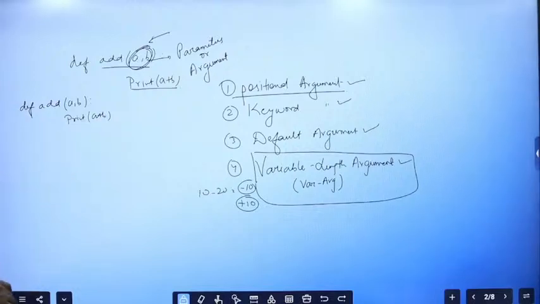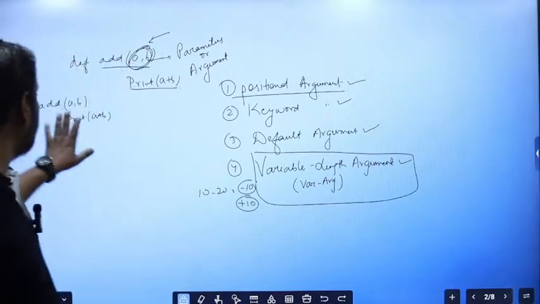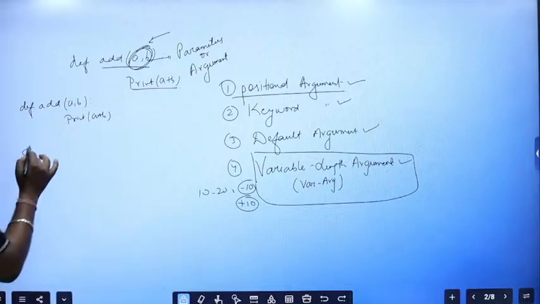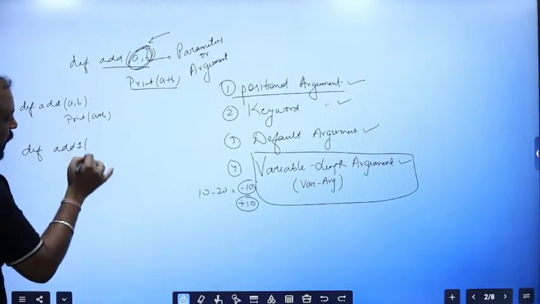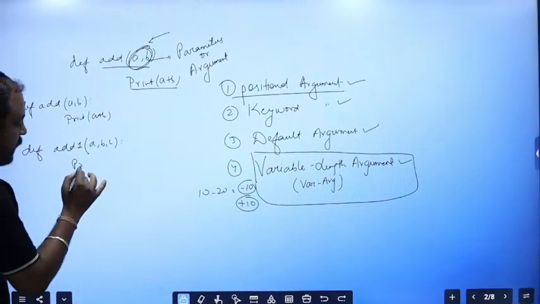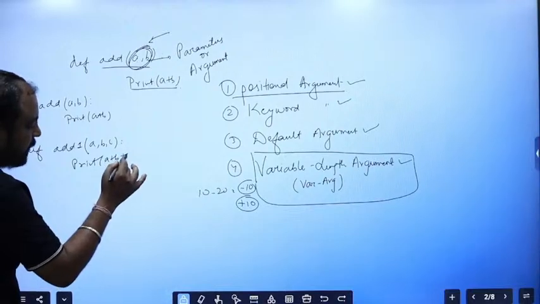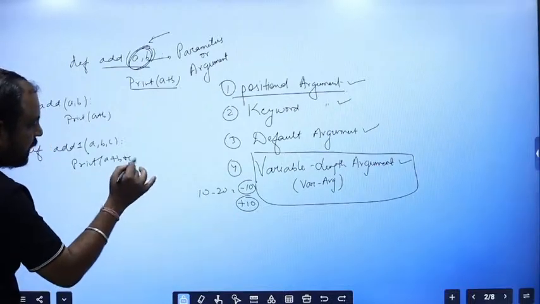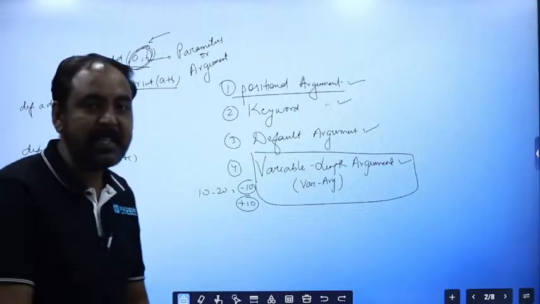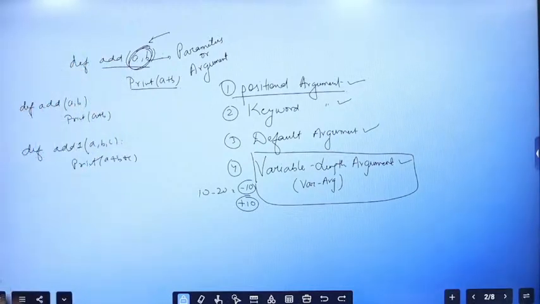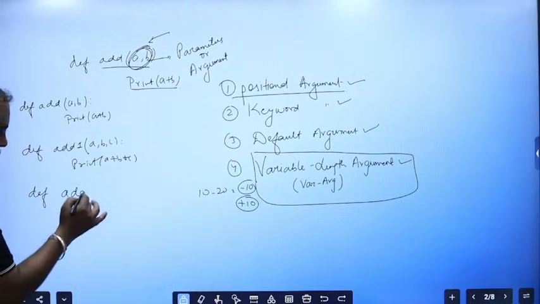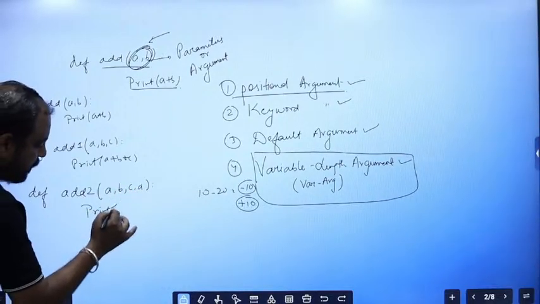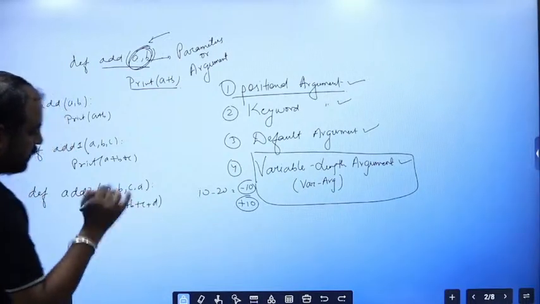It will add only 2 numbers. If I want to add 3 numbers, will this function work? This is not going to work. So for 3 numbers, again I need to define one method, add1, with a, b, c, passing 3 arguments, and add a plus b plus c. If I want to add four numbers, what am I going to write? def add2 with a, b, c, d, and finally print of a plus b plus c plus d, right.